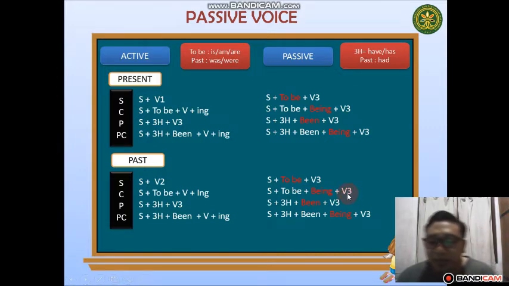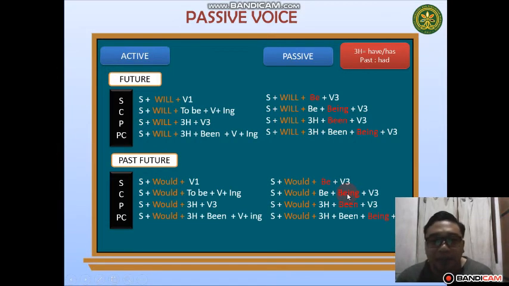So the next one is future and past future. As I said before, I have to explain to you that it does not use to be, just be. So for the active one in the future, the formula is the subject plus will plus verb 1.